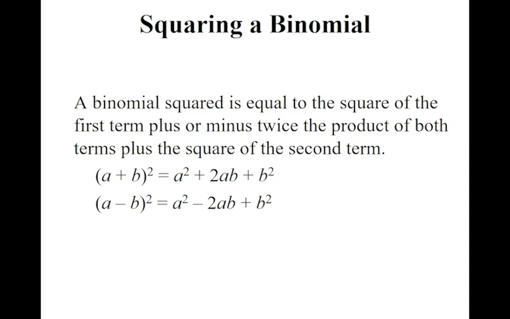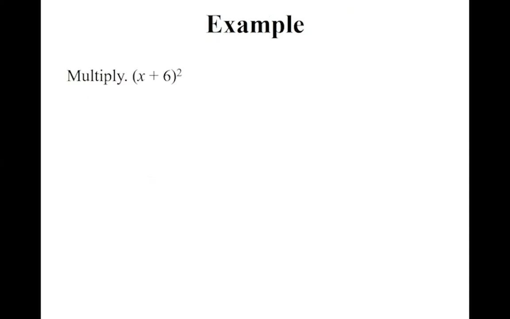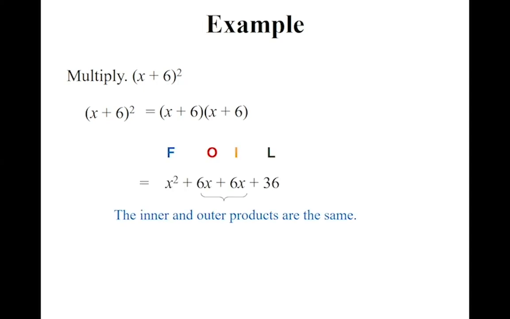A minus b squared means a minus b times a minus b. FOIL, you'll get the same answer. X plus 6 squared means x plus 6 times x plus 6. FOIL, you will get the same answer.